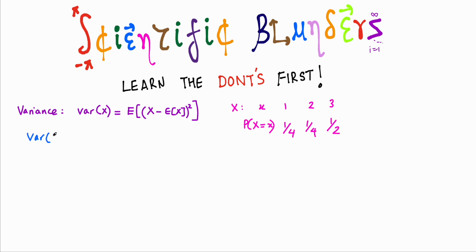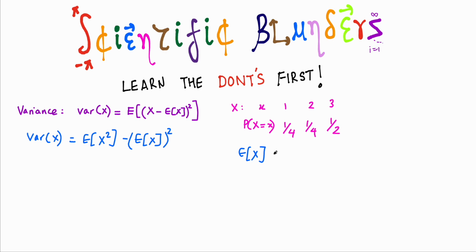If you were to expand this out, the expectation of X squared plus this thing squared minus 2X times the expectation of X, this whole thing can be simplified to the expectation of X squared minus the expectation of X, the whole squared, correct?